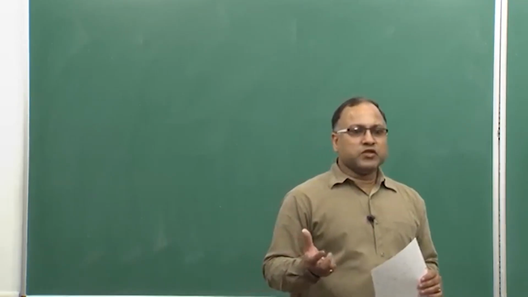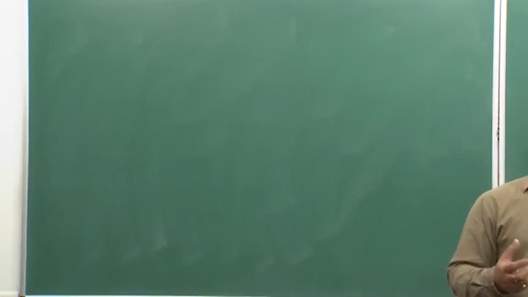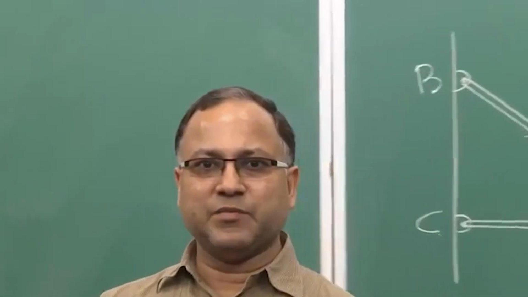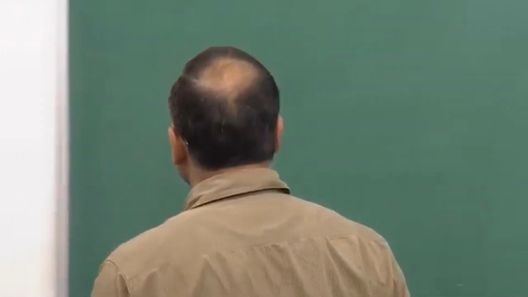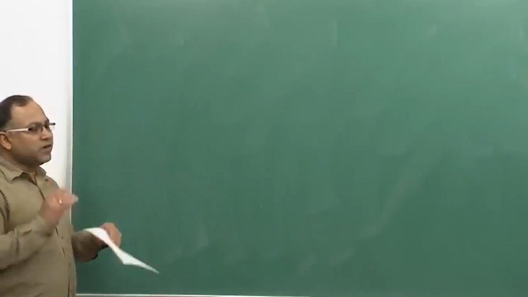Once you know the member forces, then only you will be able to find out the geometric deformation, right. The second step is the study of deformation, is it not? So, the first step is the study of forces. Now we are studying the forces. Deformation will come later, when you know the forces acting on different members.